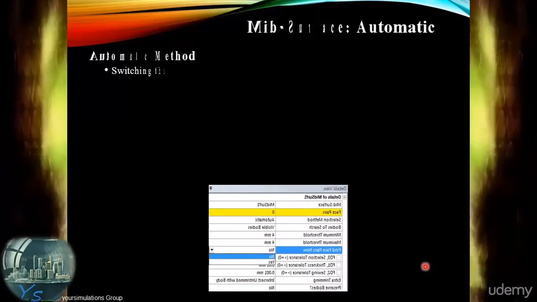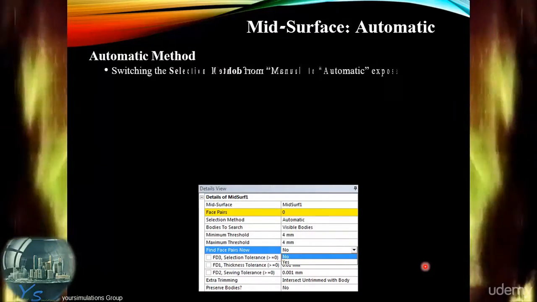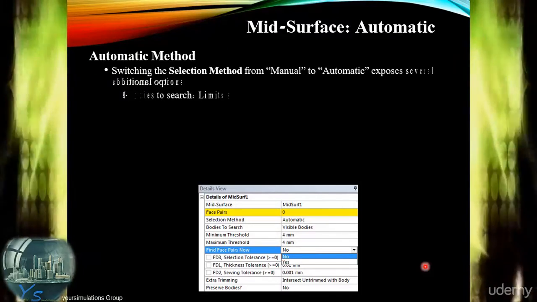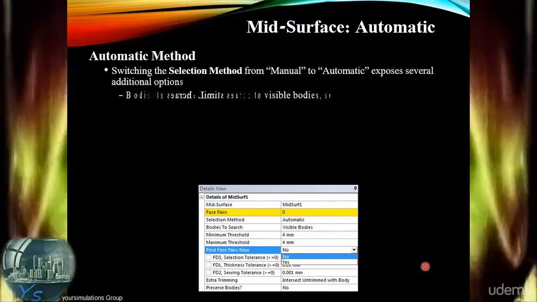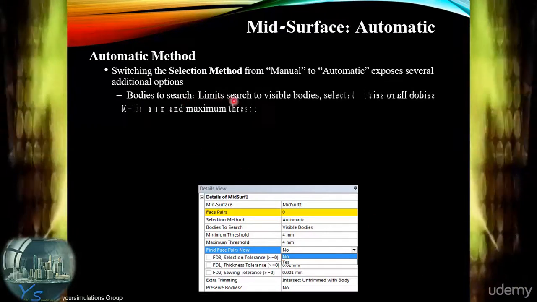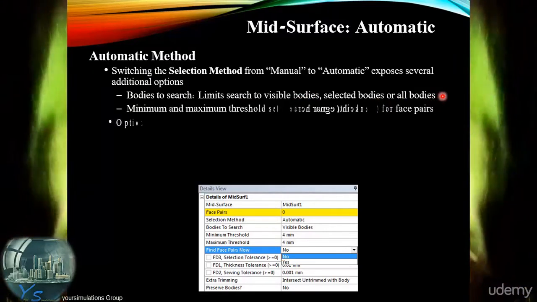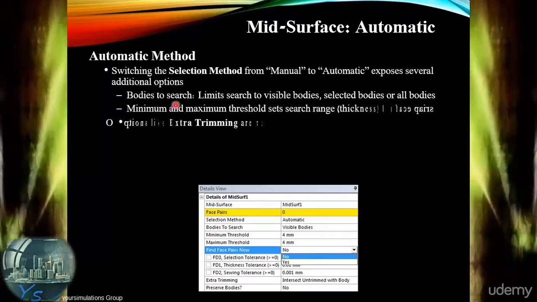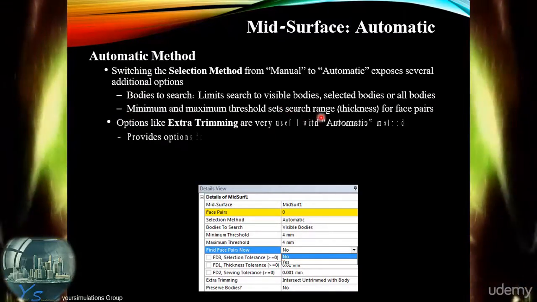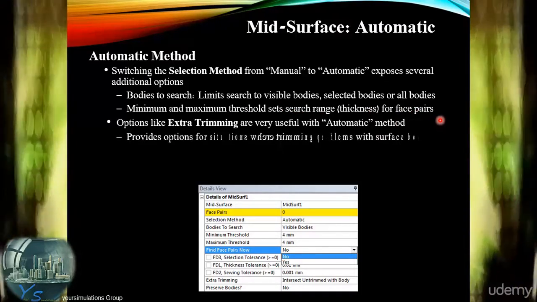We can also opt for an automatic selection method for the mid-surfacing pairs, and that brings some additional options or preferences for creation of the mid-surface. It gives us an option to search for bodies, to limit the search to visible bodies, selected bodies, or have all of the bodies included for mid-surfacing, and it also allows us definition of minimum and maximum threshold sets for the search range for the face pairs as well.